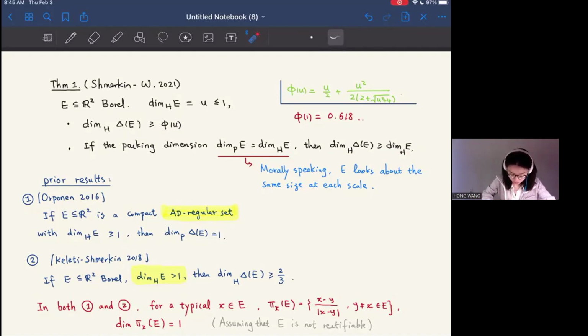It's worth mentioning some of the prior results. One important result is by Thomas Orponen in 2016. It says that if E is a compact AD regular subset of R2, and the Hausdorff dimension of E is greater than or equal to 1, then the packing dimension of the distance set equals 1.